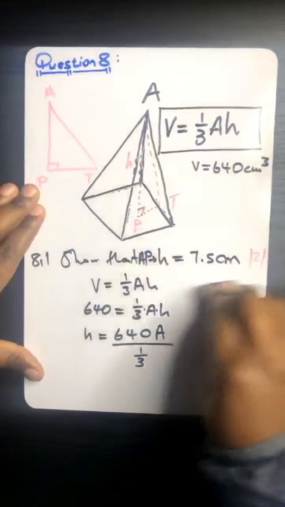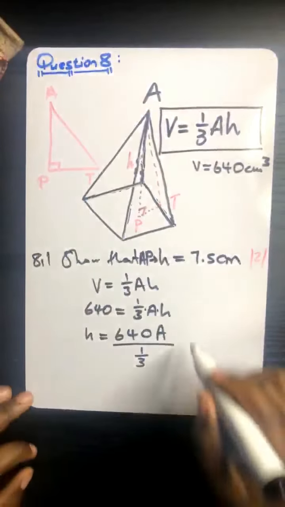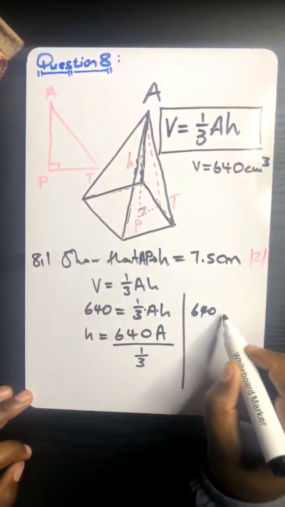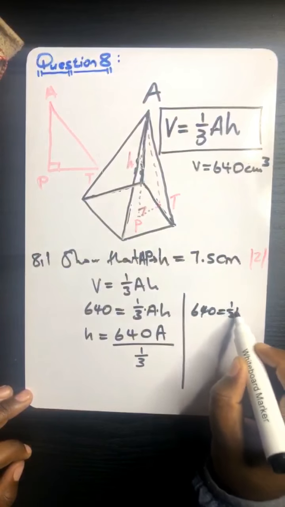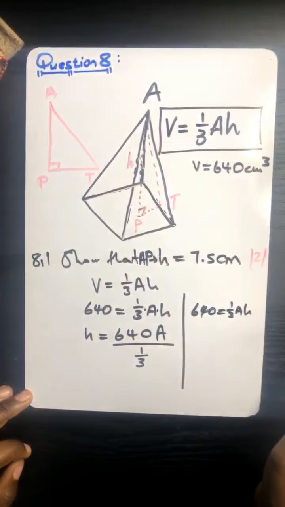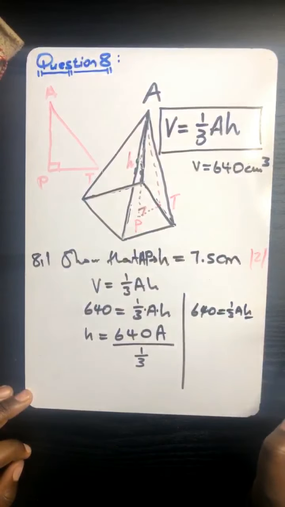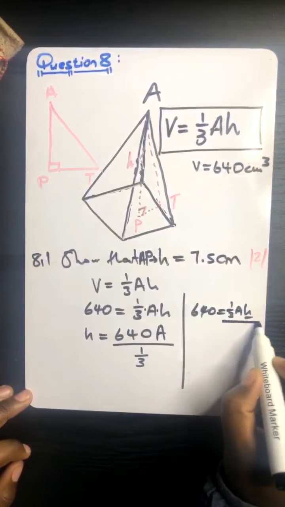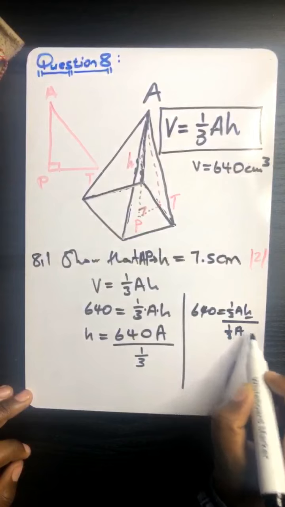Tumza, listen carefully. Let's see. If we have 640 being equals to 1 over 3a, if I want to make h the subject of the formula, then it means I'm going to divide by 1 over 3a.